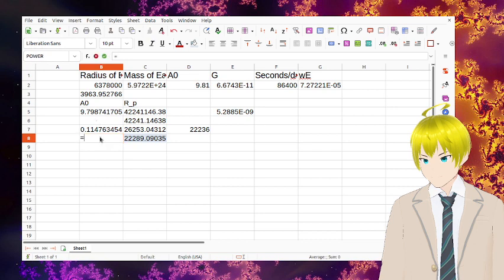Let's do equals this to the power of 1/2. Oh yeah, I forgot, because it's less than 1, it's actually going to be bigger. Of course. But yeah, so our R must have been off by about 0.3%, right?